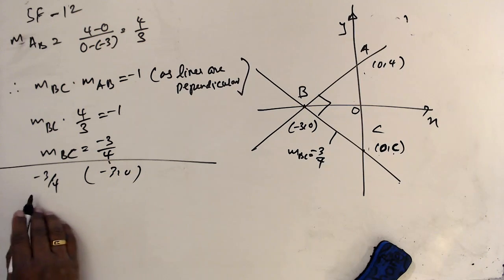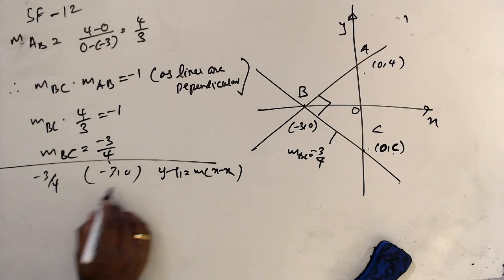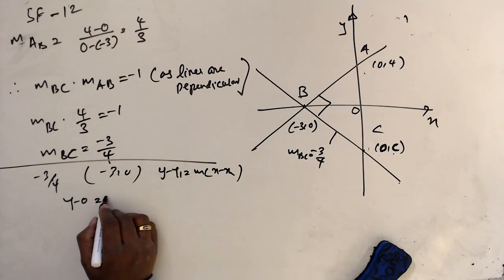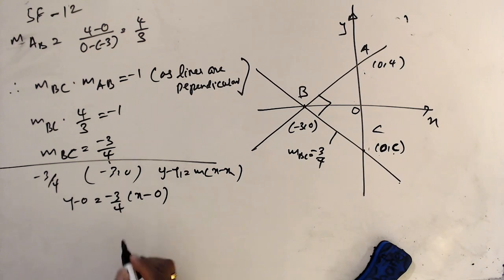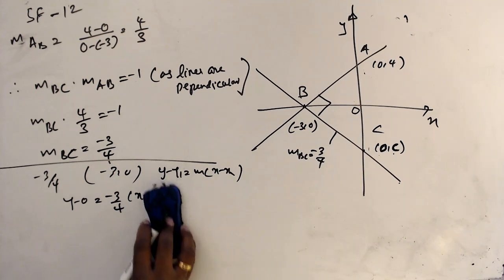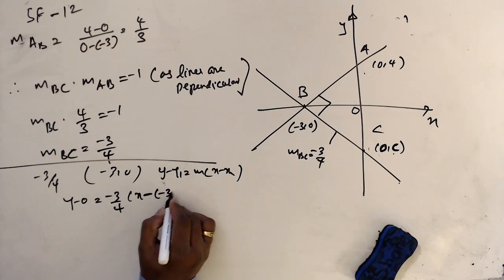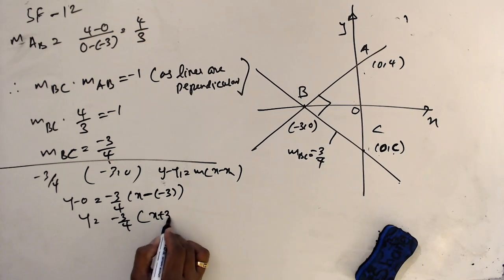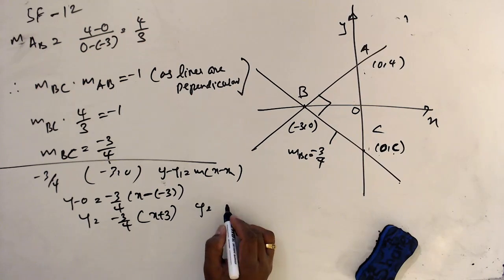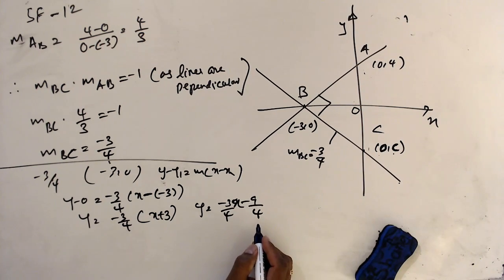Now I can write the equation y minus y1 equals m times x minus x1. y minus 0 equals minus 3 over 4 times x minus minus 3. y equals minus 3 over 4 x plus 3, so y equals minus 3 over 4 x minus 9 over 4.